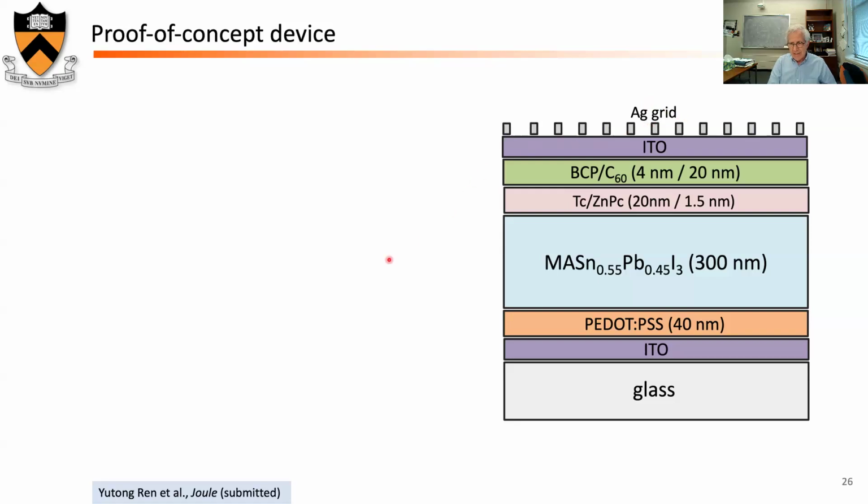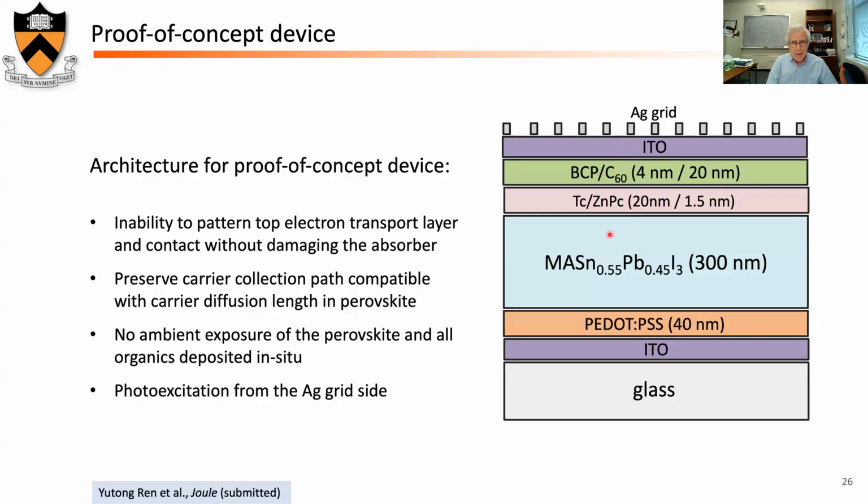Now, this is, of course, not an ideal device, because unfortunately electrons to be collected need to go through both the tetrazine zinc PC and then the C60. To do otherwise, we would need to be able to pattern the top electron transport layer, and we did not have this ability in this system.